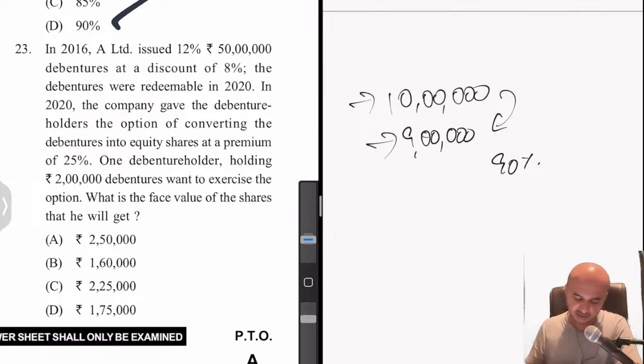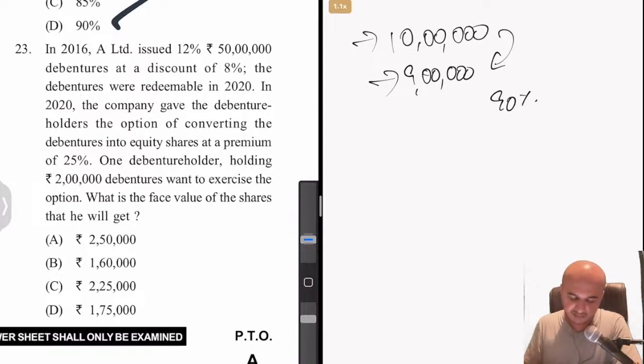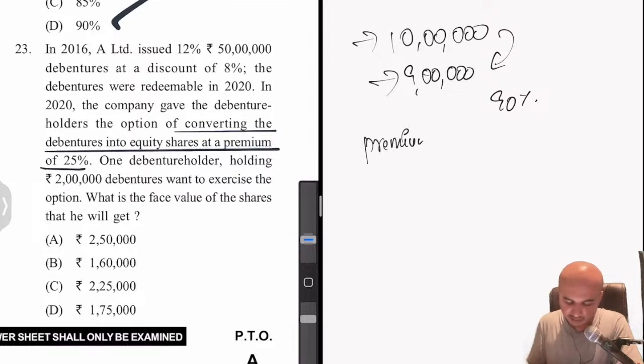Very easy question actually. So very simple here. They say here, if you read this, the company gave the debenture holder the option of converting the debentures into equity shares at a premium of 25%.